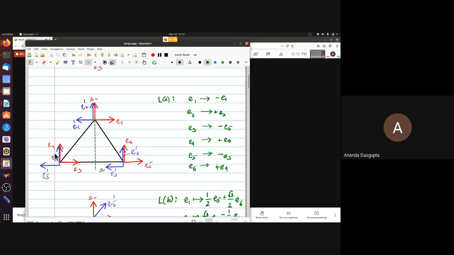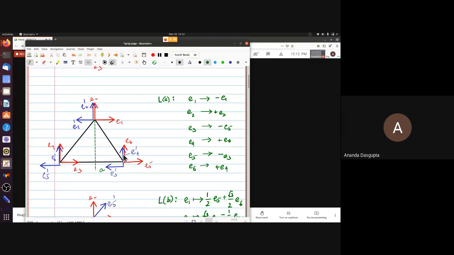So obviously E3 after reflection will have no E3 component, right? E3 after all is a displacement of this atom. After you reflect, whatever displacement you have is of this atom here. So E3 of course will not have any E3 piece. As a result, E3, E4, E5, E6, the displacements corresponding to these 2 atoms which have moved under the reflection, will definitely not contribute to the trace.